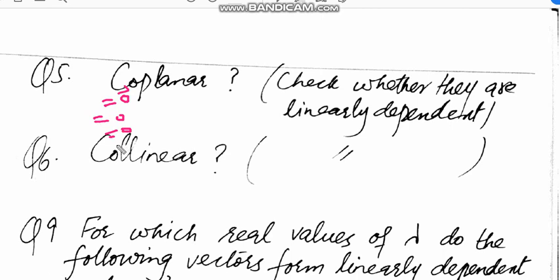It means you will get a homogeneous system. Then you have to find the determinant, and if the determinant is equal to 0, then you will say that vectors are linearly dependent, but you will use the language of the question and say that the vectors are coplanar.